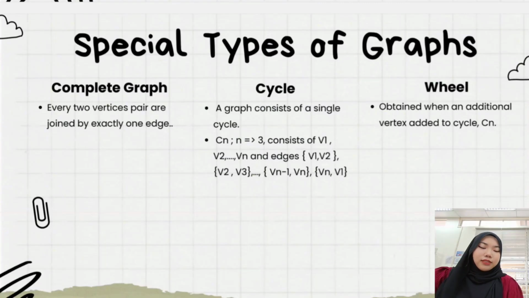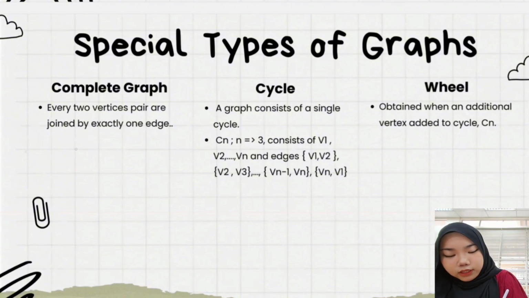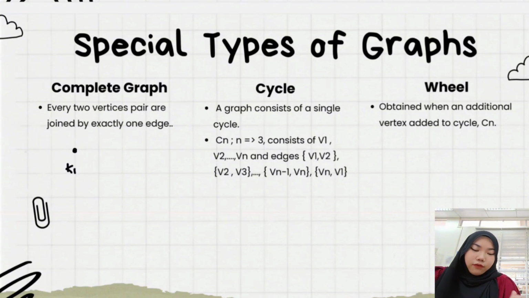Next is special types of graph. The first one is complete graph, where every pair of vertices is joined by exactly one edge. In other words, a complete graph is also a simple graph which doesn't contain any loop. So the first one is like this. This is a complete graph, but you cannot draw a loop in it because it is a simple graph.